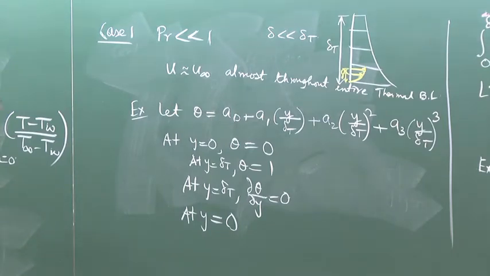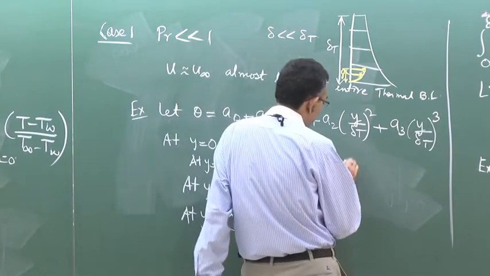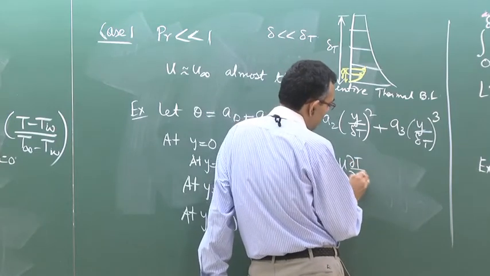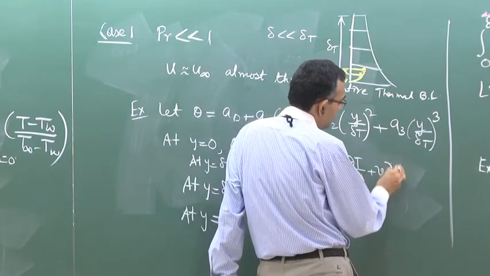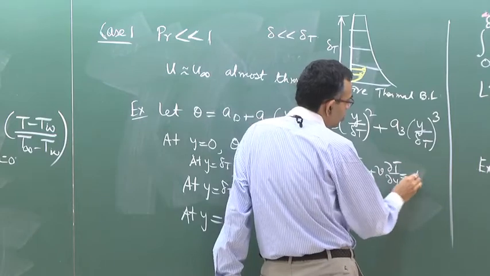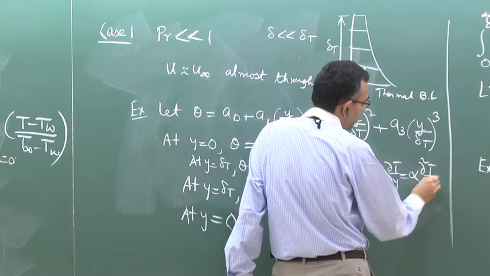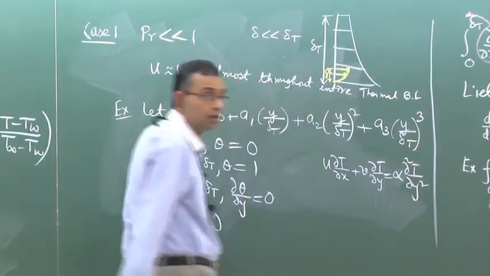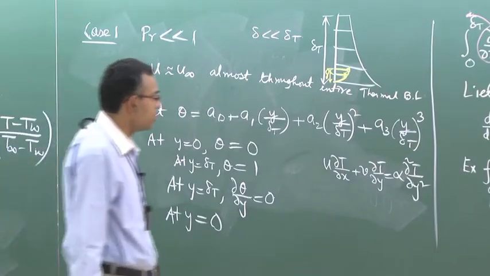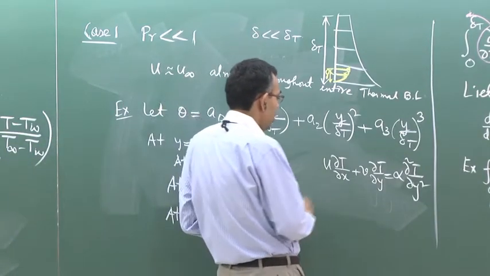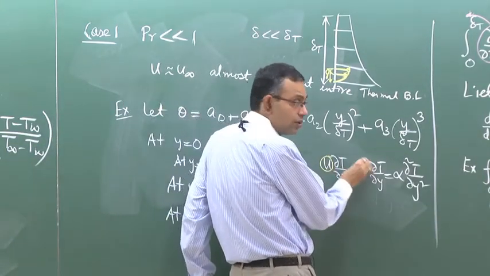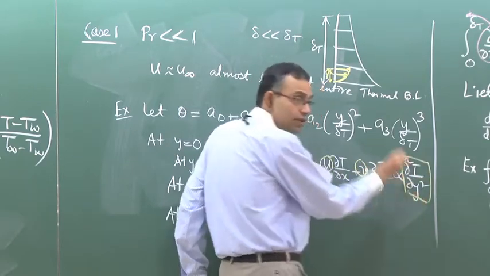So if you look into the equation, u del T del x plus v del T del y is equal to alpha del 2T del y2. So at y equal to 0, both u and v are 0, therefore this must be equal to 0.